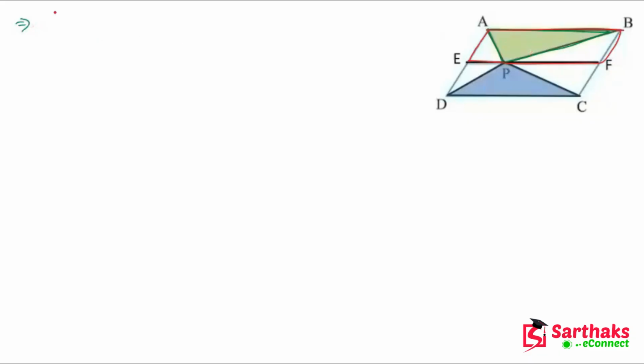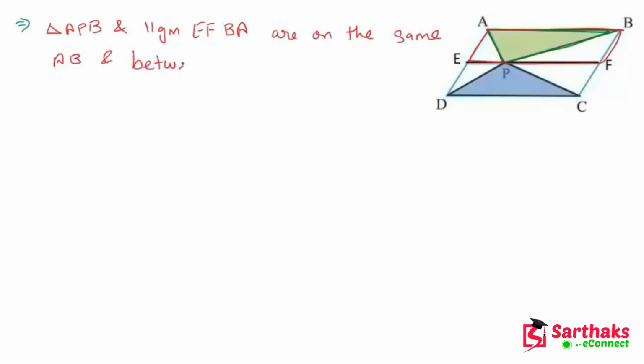So we can say that triangle APB and parallelogram EFBA are on the same base AB and between the same parallel lines AB and EF. Okay, got it?